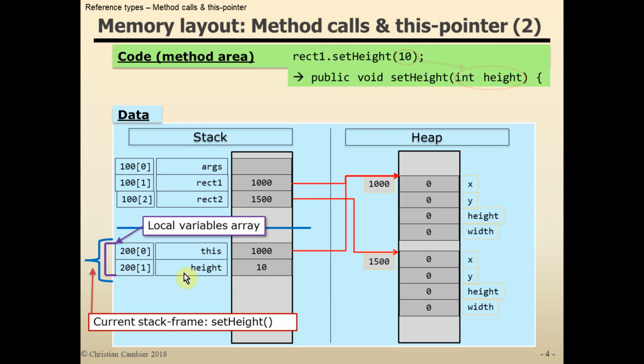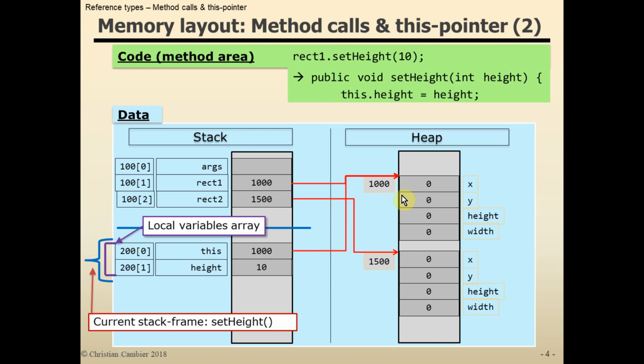Let's execute the statement this.height = height. Reading from right to left, we want the value of the height parameter, 10, to be assigned to this dot, so we dereference this, the 1000. In other words, we go to the object at address 1000.